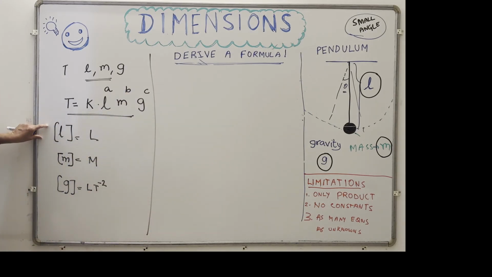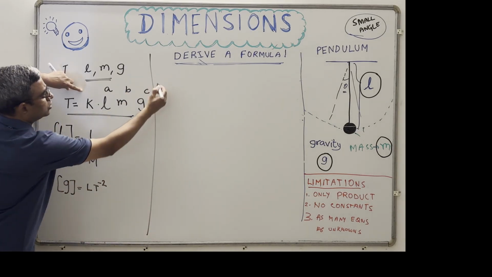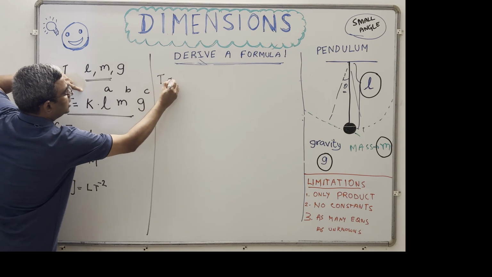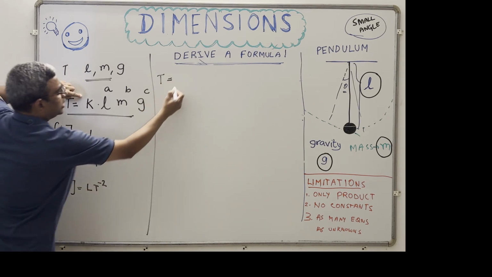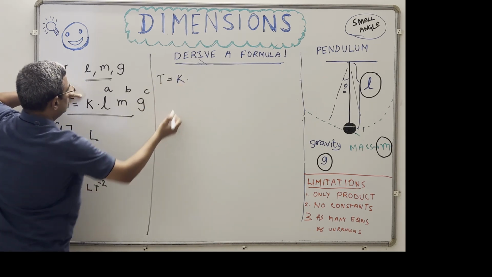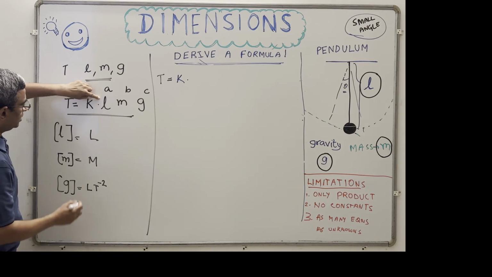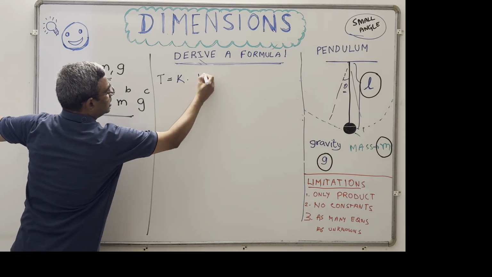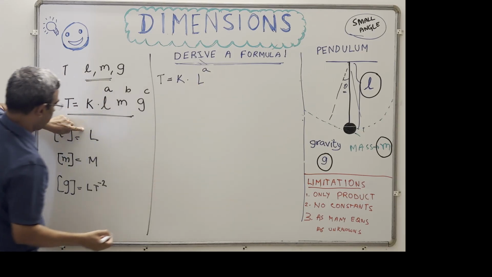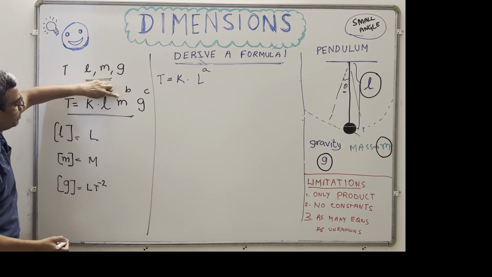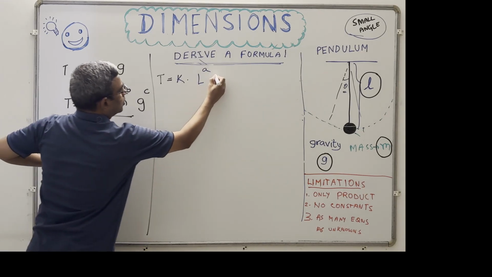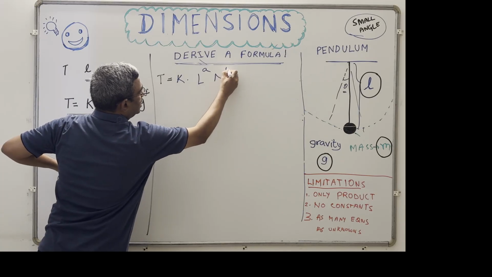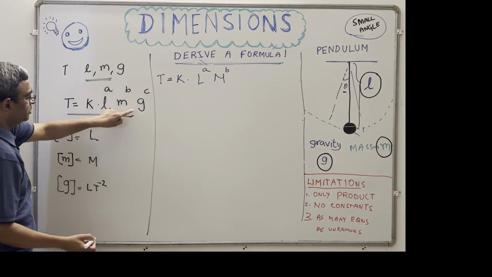So if we write these here, T is equal to k into L power a, so here we have the dimension L power a, m power b, and g power c.